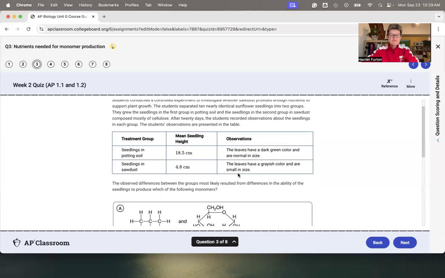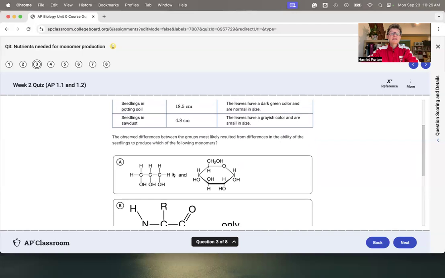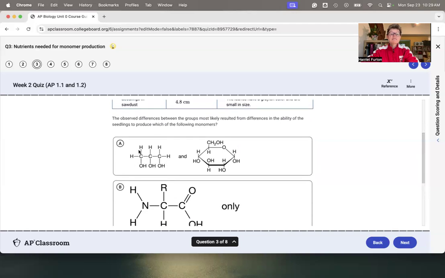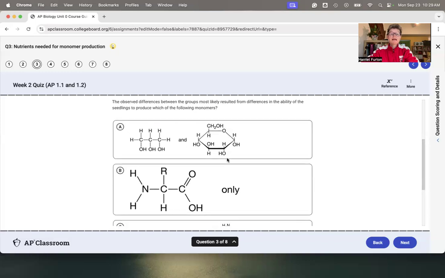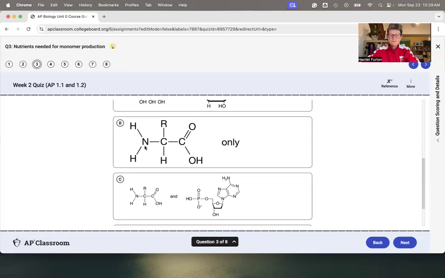Now, the nitrogen, phosphorus, look for two molecules that contain nitrogen and phosphorus. So the observed differences between the groups would be the nitrogen and phosphorus. Check this one. This does not contain nitrogen or phosphorus, nor this, so A is not true. This contains nitrogen, so this might be true.